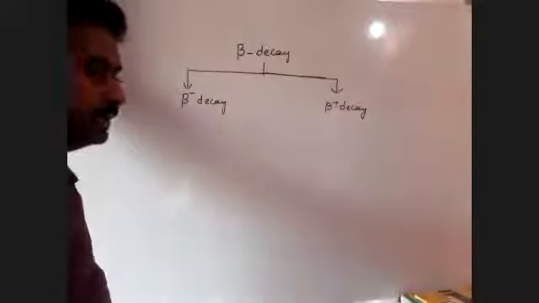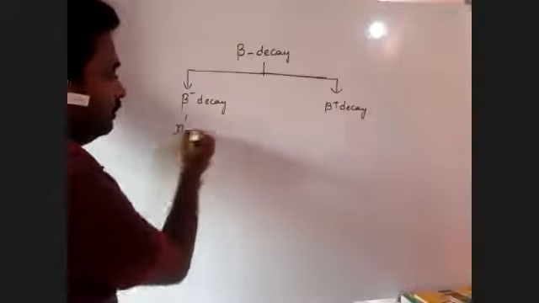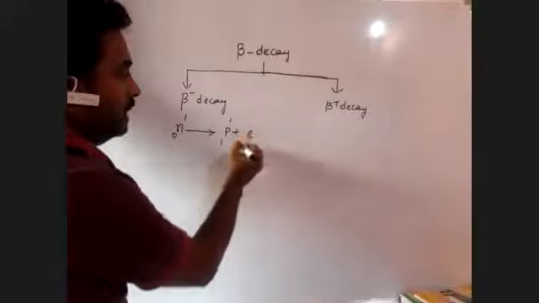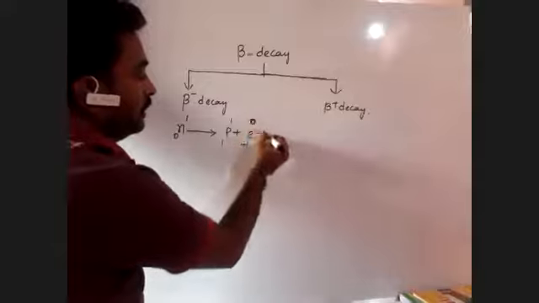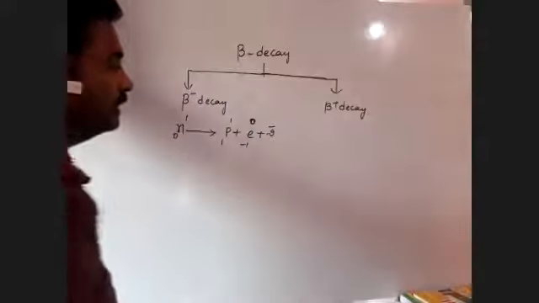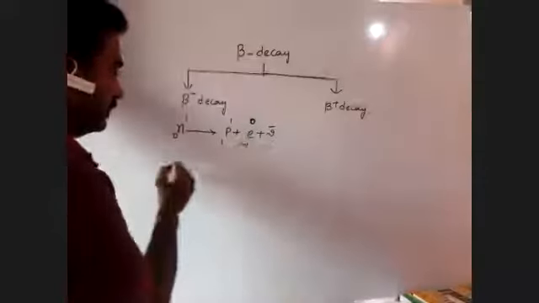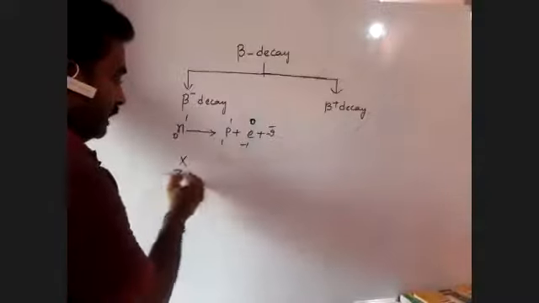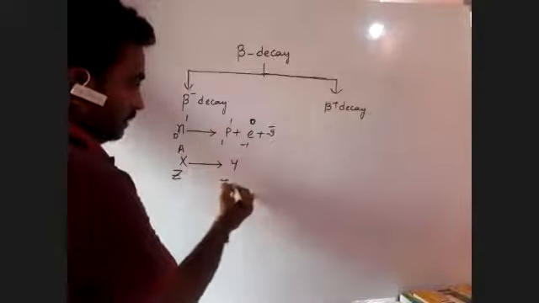In beta minus decay, what is happening, you know? One neutron is converting into a proton and an electron. And in this process, a particle is liberated, that is the anti-neutrino. That's why a parent element X(Z, A) will become Y(Z+1, A).